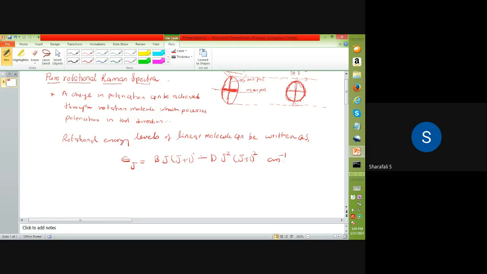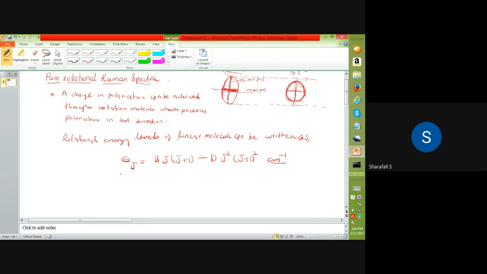So I am representing energy in terms of centimeter inverse. If you want to represent it in joules, you have to multiply by hc, but we are not considering that.